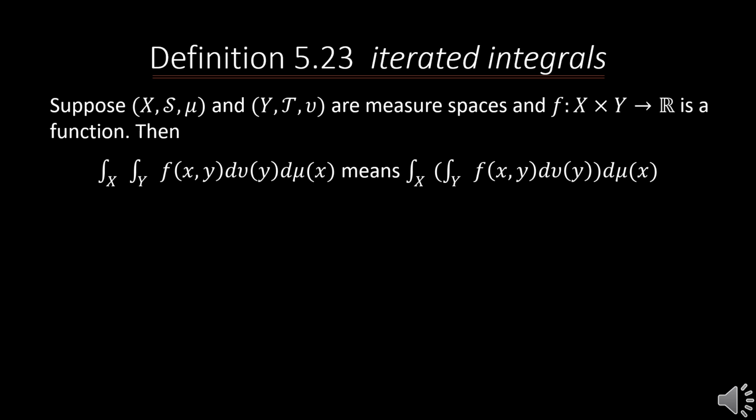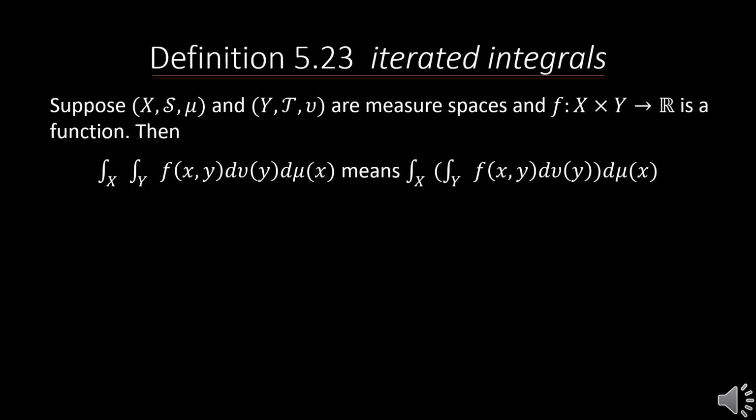Then the integral over X of the integral over Y of f of x, y, d nu of y, d mu of x, means exactly what we think it does from Calculus 3, where we evaluate the integral on the inside by temporarily fixing x, and then computing the integral on the outside.